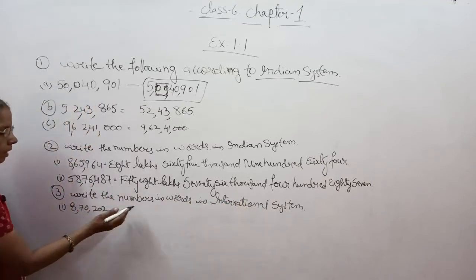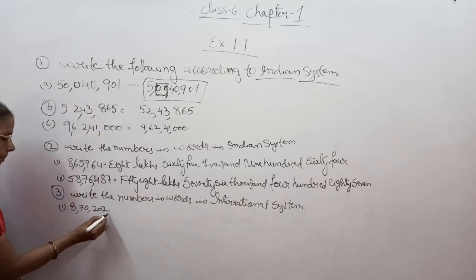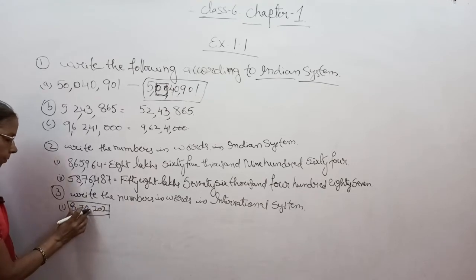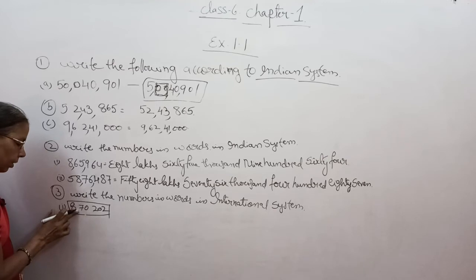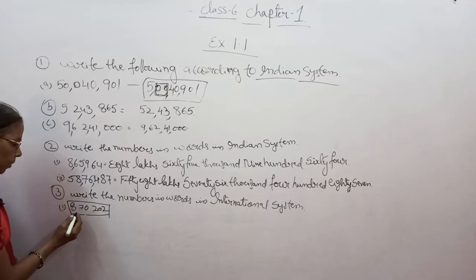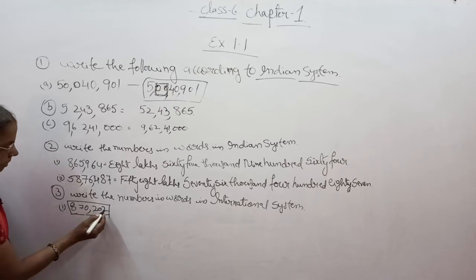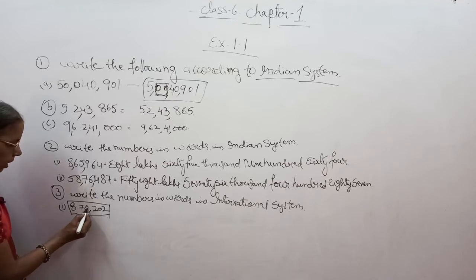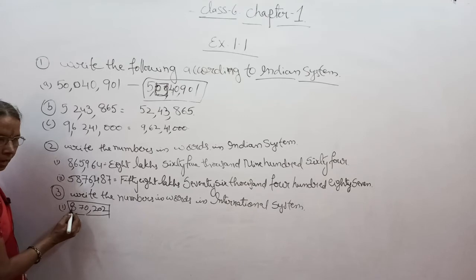हमें international system में लिखना है, लेकिन यहाँ पे कमा लगाया हुआ है इंडियन सिस्टम में. तो simply we remove these commas and put according to the international system, that is ones, tens, hundreds, then thousand, 10,000 and 100,000.